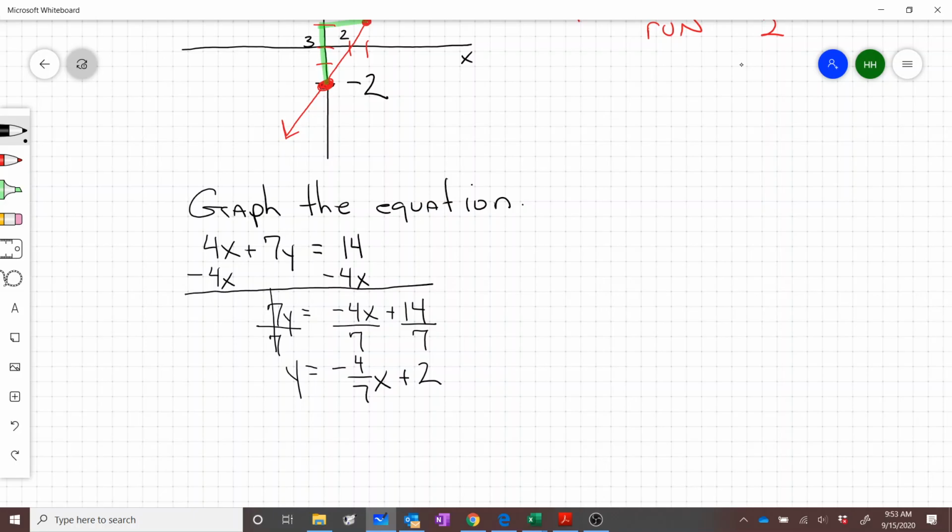So when we graph this, here's our x-axis and our y-axis. Our line hits the y-axis at positive 2, so we're going to put positive 2 on the graph.